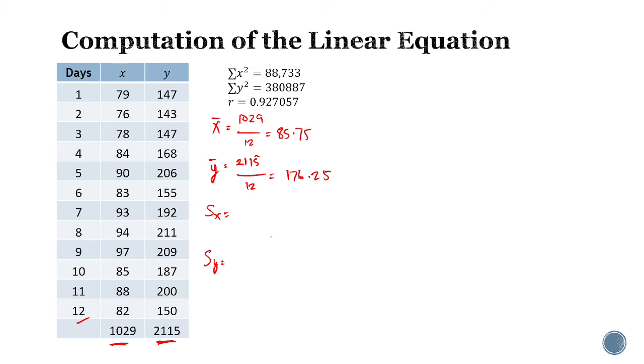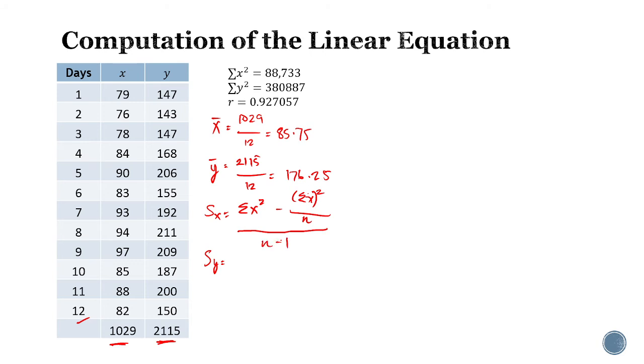And for the standard deviation, kung maalala nyo, paano nga ulit kinocompute ang standard deviation? One of the formulas can be summation of x squared, para dun sa x, kasi x yung gagamitin natin, minus the summation of x, tapos i-square lang natin yung summation of x na yun, divide lang natin ng ating n, tapos yung buong yan, divide lang natin ng n minus 1.